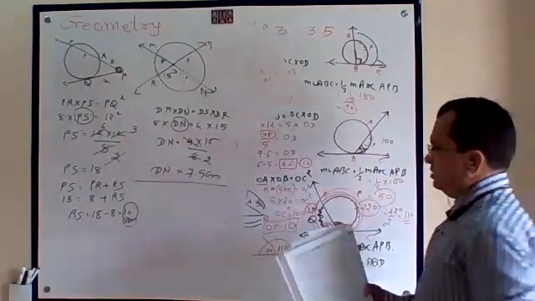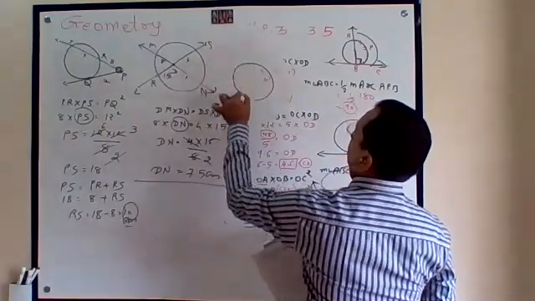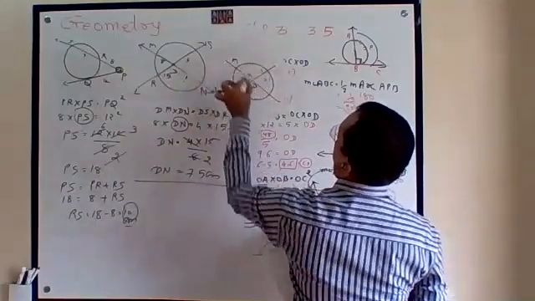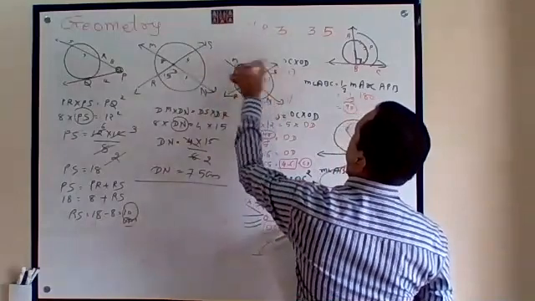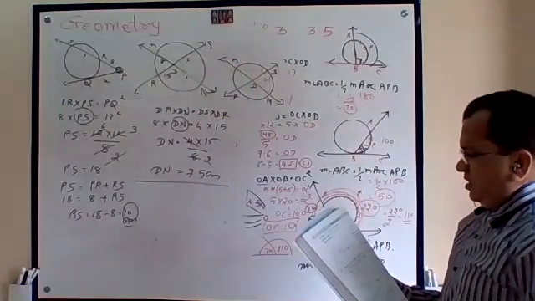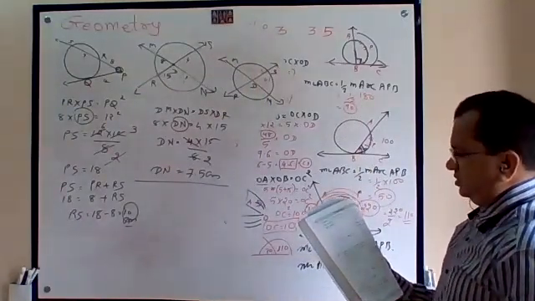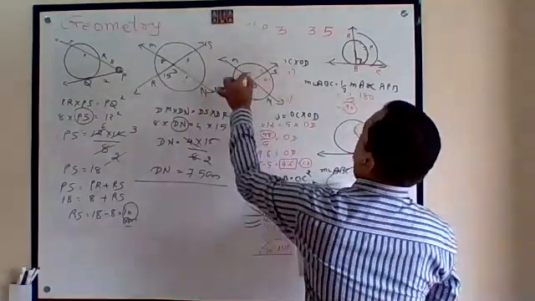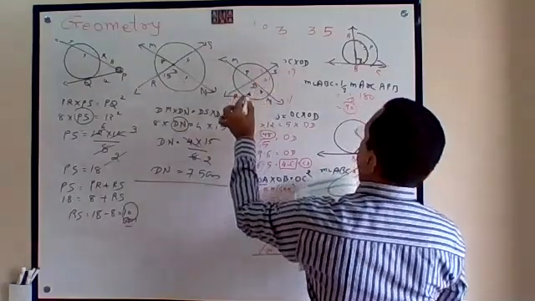Now they have given the same figure with different numbers. RS total is 18, MD is 9, DN is 8.